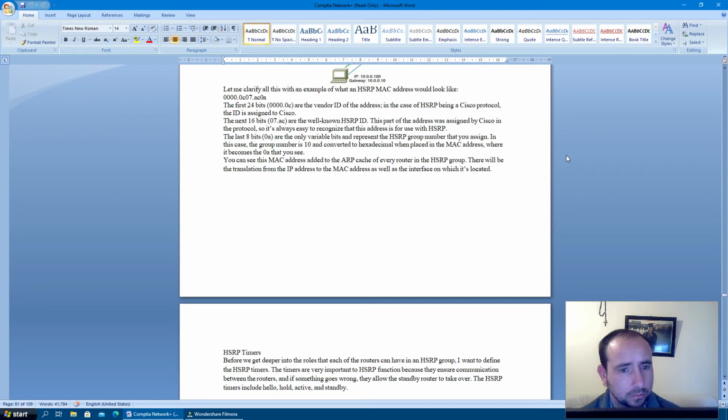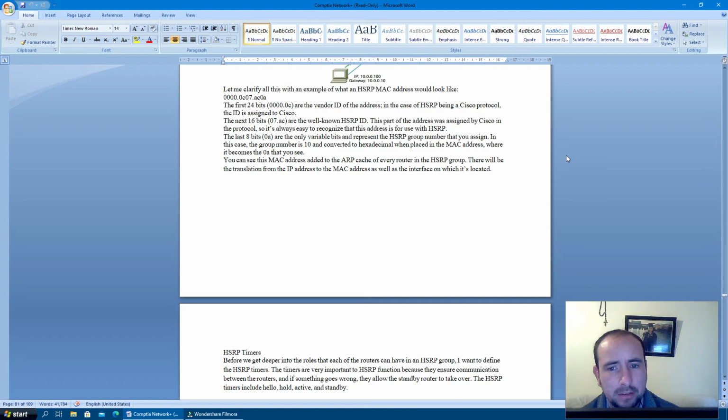0000.0C07.AC0A. The first 24 bits, 0000.0C, are the vendor ID of the address. In the case of HSRP being a Cisco protocol, the ID is assigned by Cisco. The next 16 bits, 07.AC, are the well-known HSRP ID.